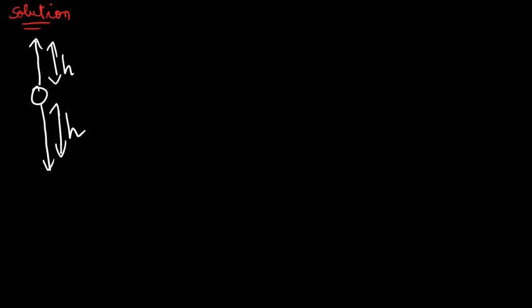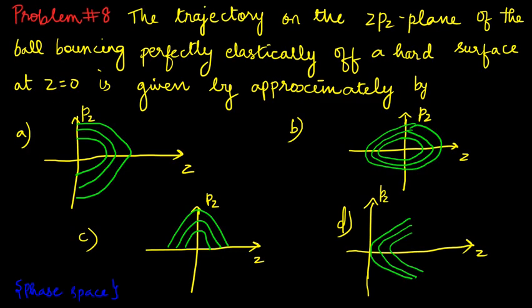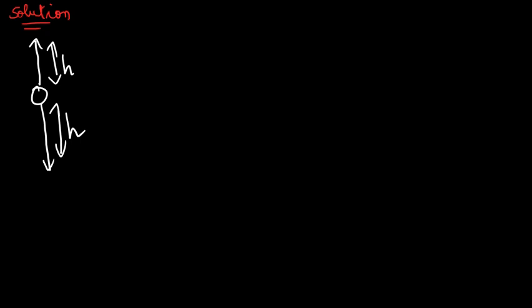And the question says that it is bouncing at a surface at z is equal to 0. So at the z is equal to 0 point, my ball will bounce up to a particular height, h.